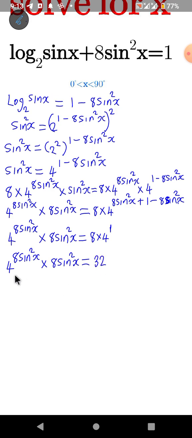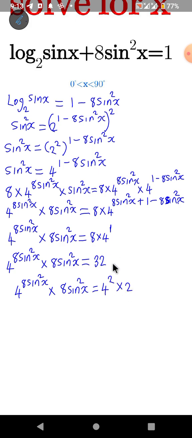Then we write 4 raised to the power of 8 sine square x times 8 sine square x is equal to 32, and 32 can be written as 4 raised to the power of 2 times 2.